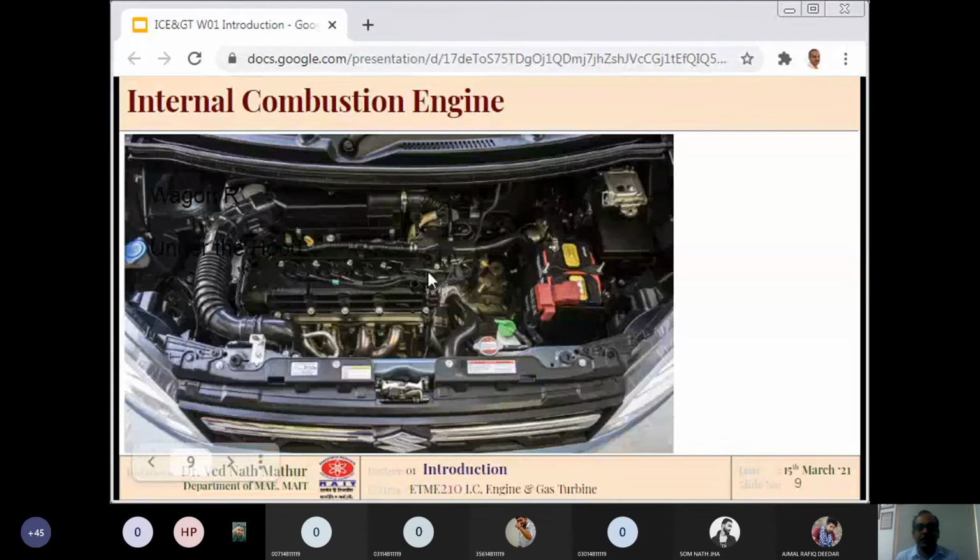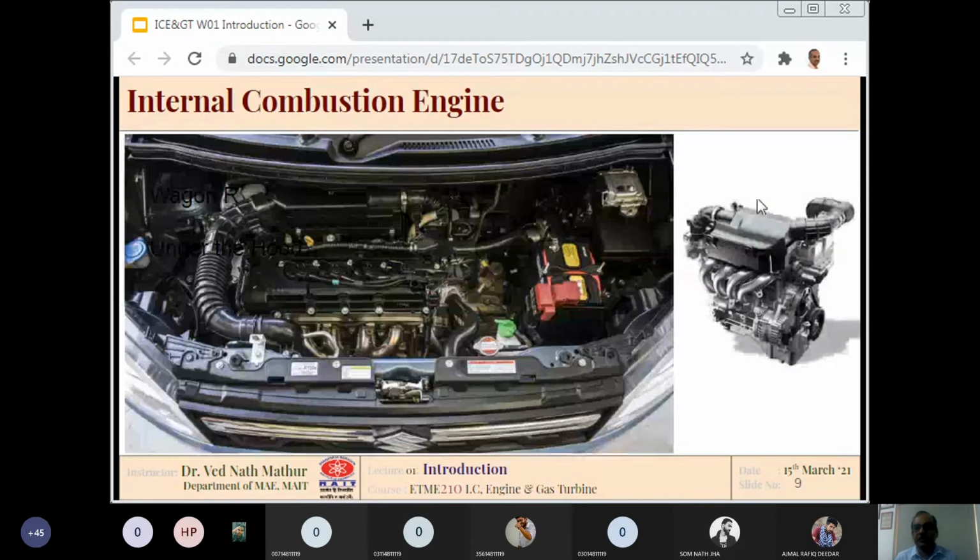This middle portion, I hope my mouse cursor is visible to you, is the engine of the car. If you take this engine out, it looks something like this. This entire device sits on rails by brackets in this bonnet.